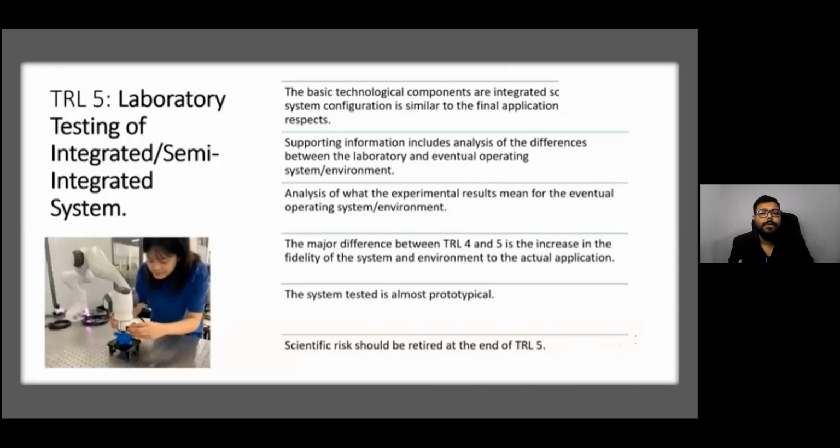That is the difference, nothing else. Again, the system is tested in an almost prototypical environment. Scientific risk should be retired at the end of TRL 5. So when TRL 5 is completed, it means there is no scientific risk. If we can successfully complete these things, then there will be no risk involved. We can overcome the risk at the TRL 5 level.